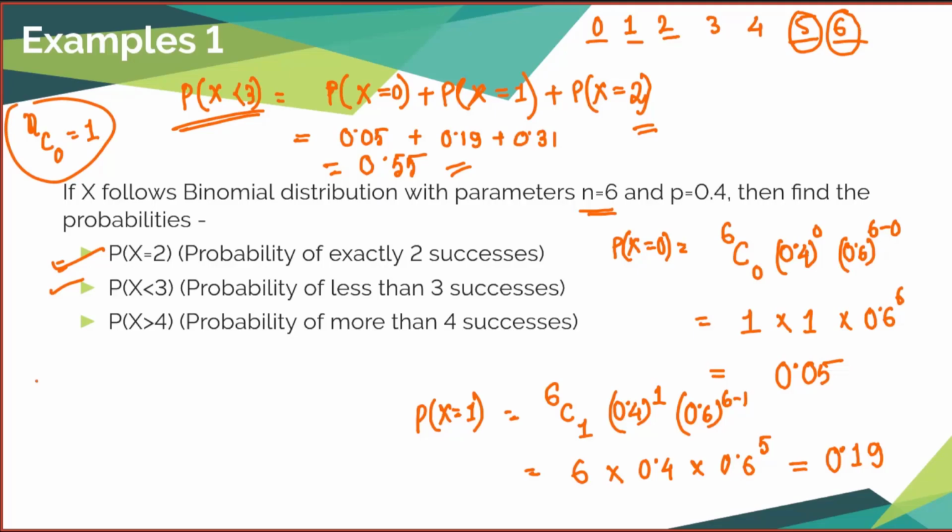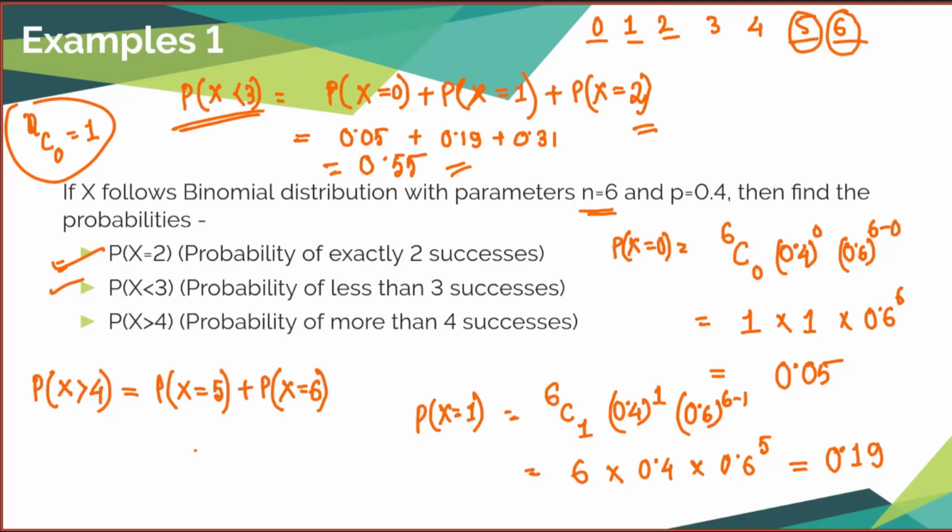So probability of x greater than 4 is equal to, this will be the combination probability of x equal to 5 plus probability of x equal to 6, right?